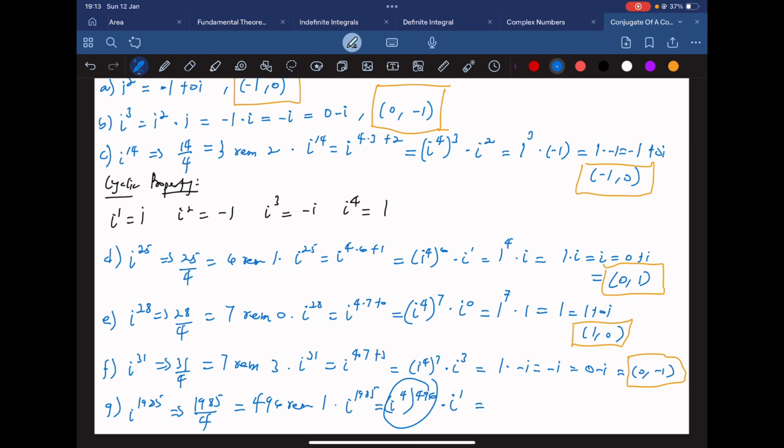Remember, this will always give you 1. So you have 1, then this is i. So you just have i. And this is the same as writing 0 plus i, which is the same as writing (0, positive 1). So we have these 6 coordinates.